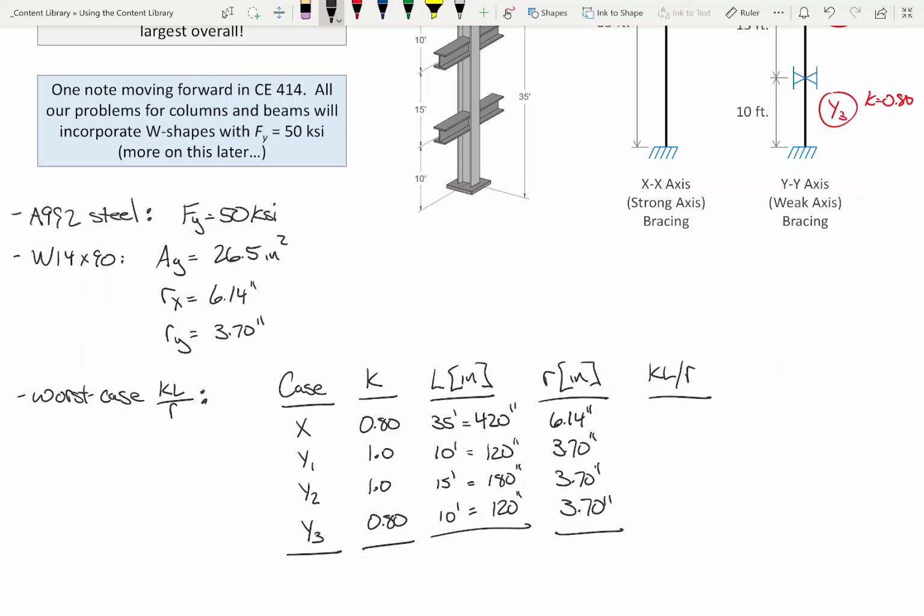So for each row, each case, we're going to have a KL over R. Make sense? Let's just do the first couple together. What do we get for the first one? 54.7. I am going to add a couple of different decimal places, and there's a reason why. Mainly because when we see this value show up later in the problem, I want everybody to see, oh, that's where he got it. I find that if you add a couple decimal places, it makes that more recognizable.